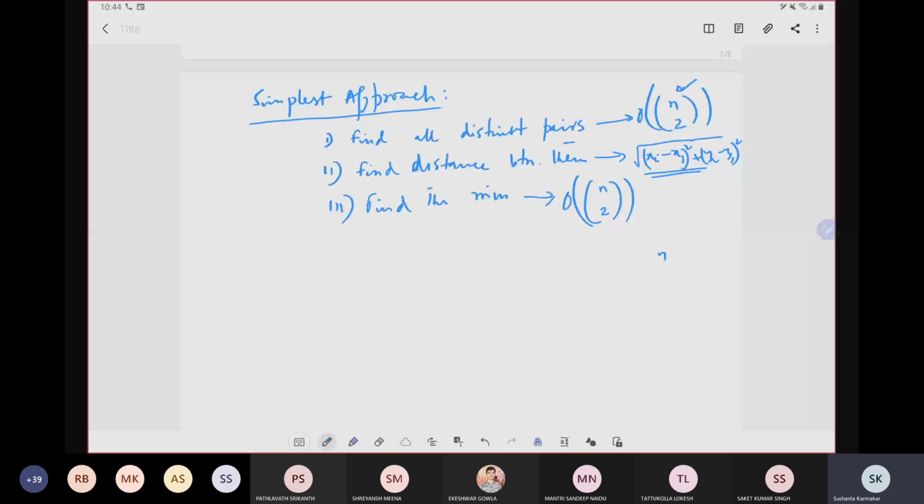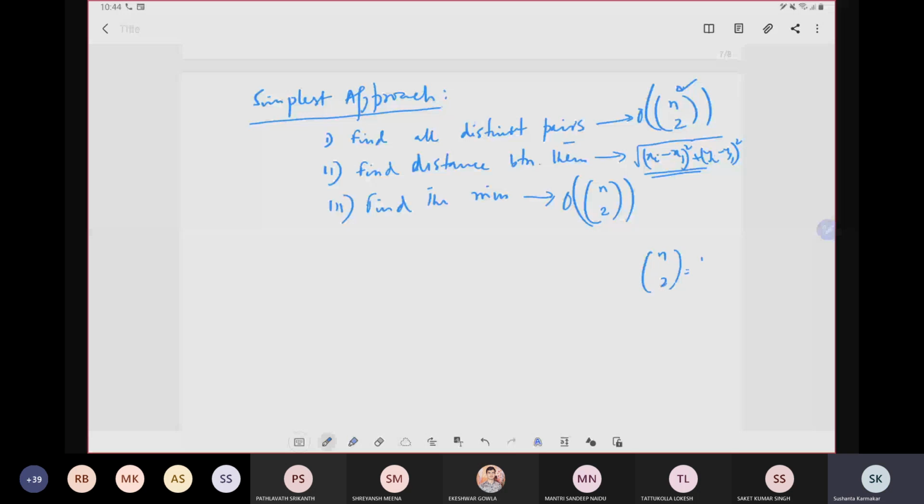N choose 2 is how much? N choose 2 is essentially n into n minus 1 by 2, right? So we just generally write this as order of n square. So overall time requirement is order of n square. So in n square time we can solve this problem.